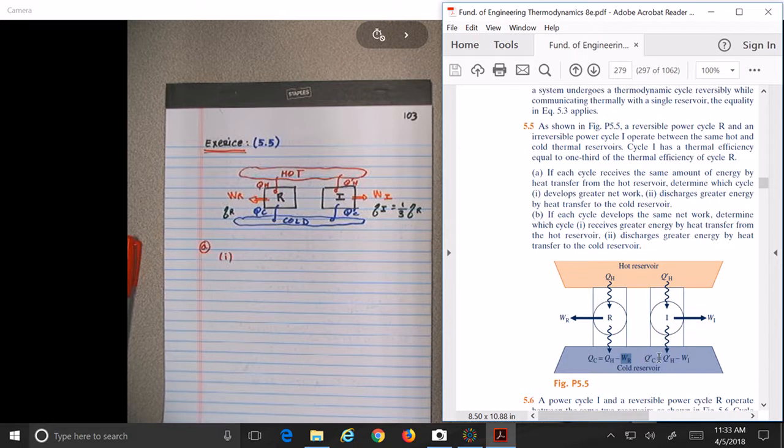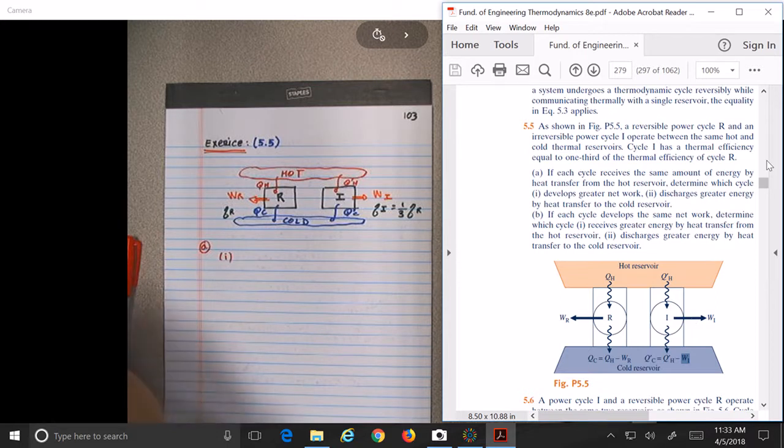If Q is the same, no? Because the same temperature reservoir, but this one produces more work than this one, which one will be rejecting more heat to the outside? The irreversible, no? So basically it means that the reversible cycle is going to waste less energy than the irreversible, no? Okay? Okay.